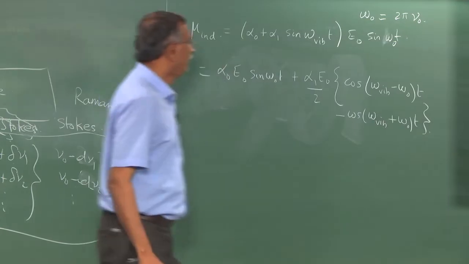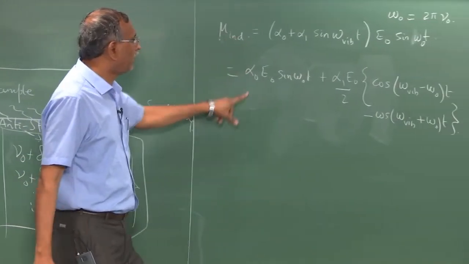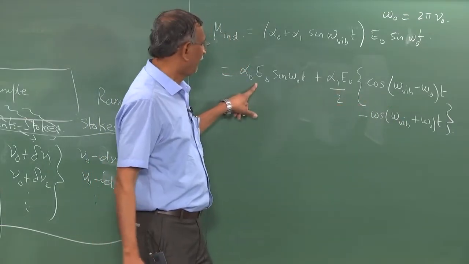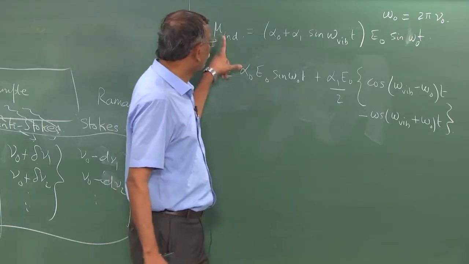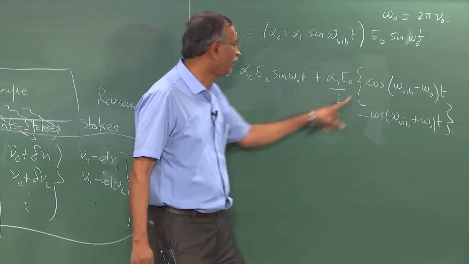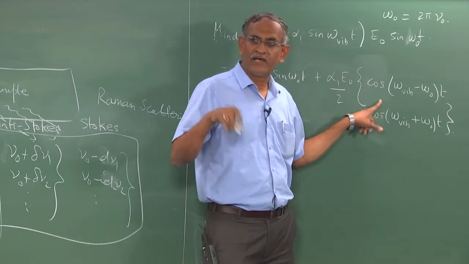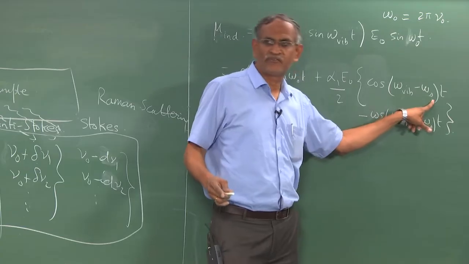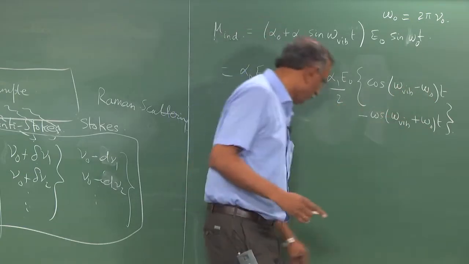Okay. Therefore, you see that the induced dipole moment now has components that correspond to dipole moment oscillating with the same frequency as the incident radiation, the dipole moment oscillating as omega vibration minus omega naught, meaning that omega naught is no longer omega naught, but it is changed by, it is after all cosine.